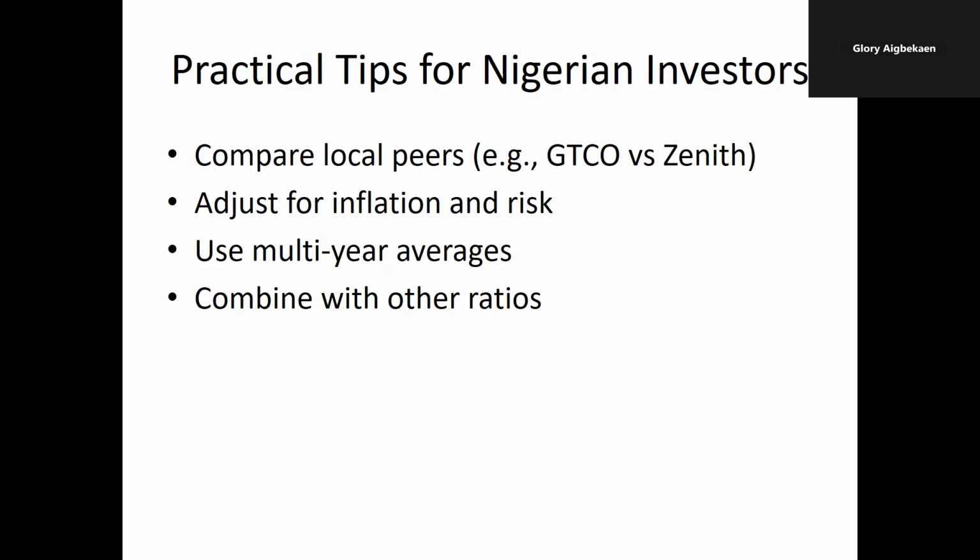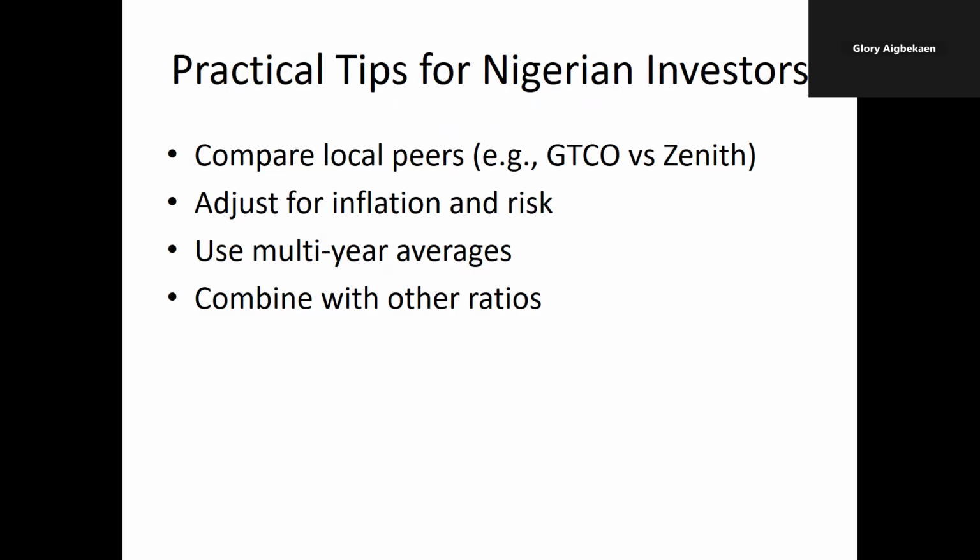Let's assume that you are trying to value UBA or Stanbic IBTC. Why not compare the PE ratio of Stanbic with companies like GTCO or Zenith? That will give you an insight to determine whether your fair PE is good to go, or you might need to do some adjustments.